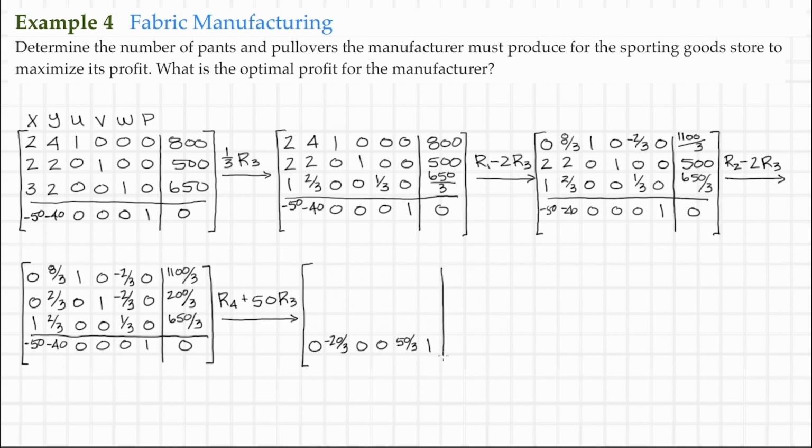Put in our vertical line. 650 thirds times 50 is 32,500 thirds. And 0 plus 32,500 thirds is 32,500 thirds. We'll squeeze it in there. How's that? Close off our bracket, and then we can fill in the rest.